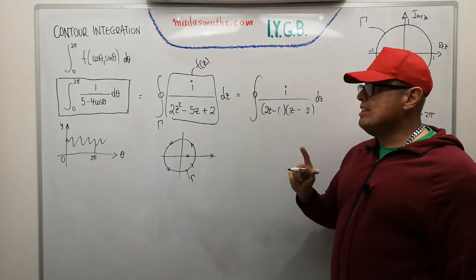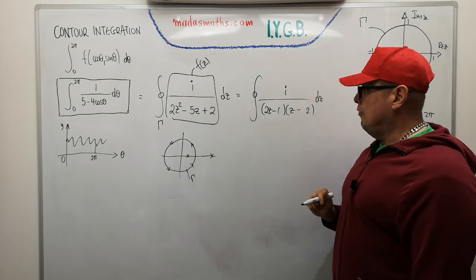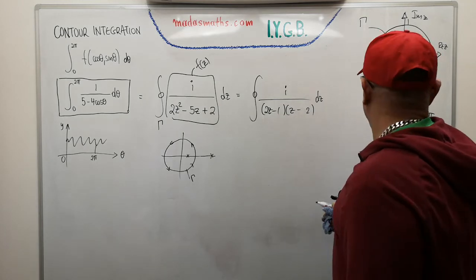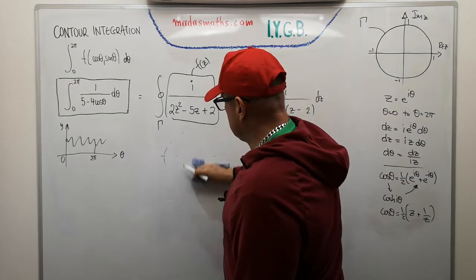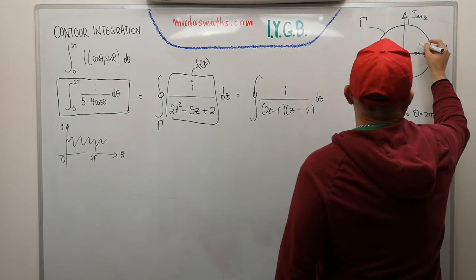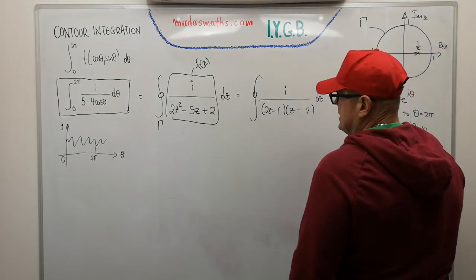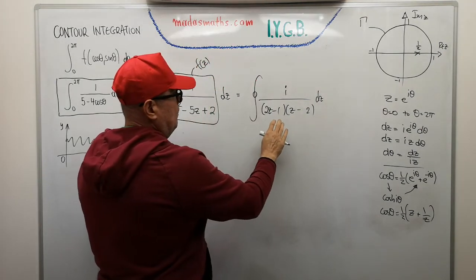So I just need to find the residue of the pole of f of z at a half. And we've done that in lecture number 2 or number 3, I can't quite remember now. So let me just actually mark the pole here. So the pole in question is at z is equal to a half, and let me find the residue of this particular pole.